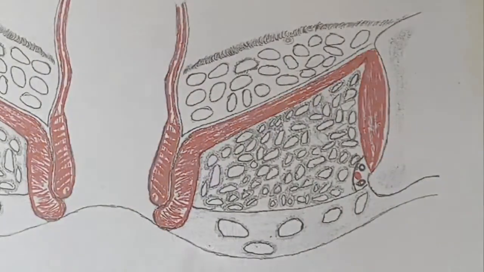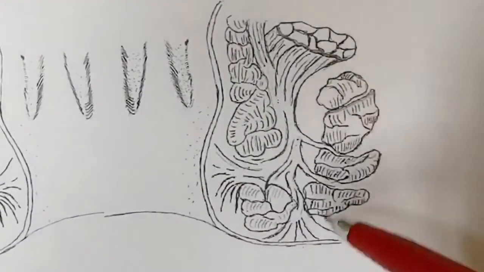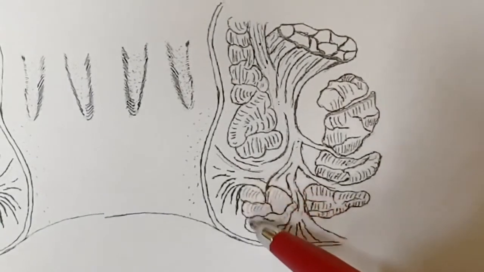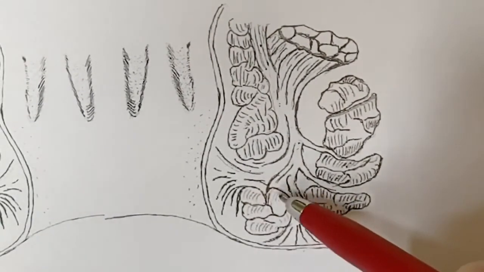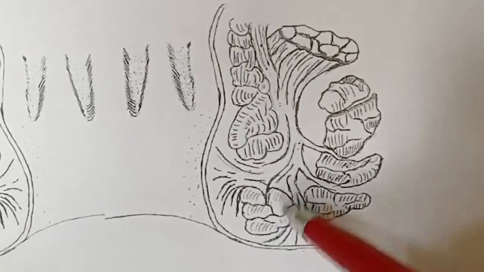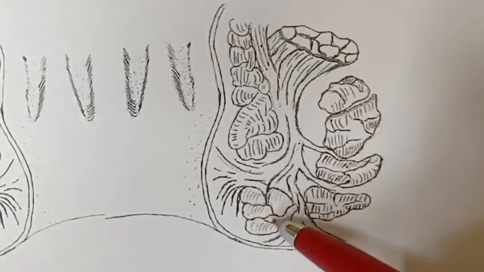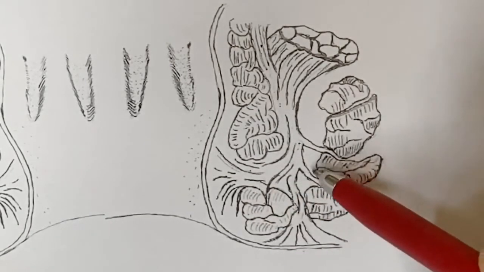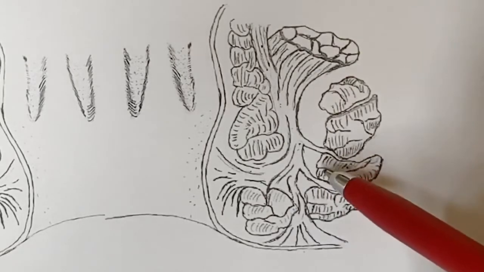That is the space of Courtney. So here, when you look at the superficial external sphincter and subcutaneous external sphincter, and this is the superficial external sphincter.